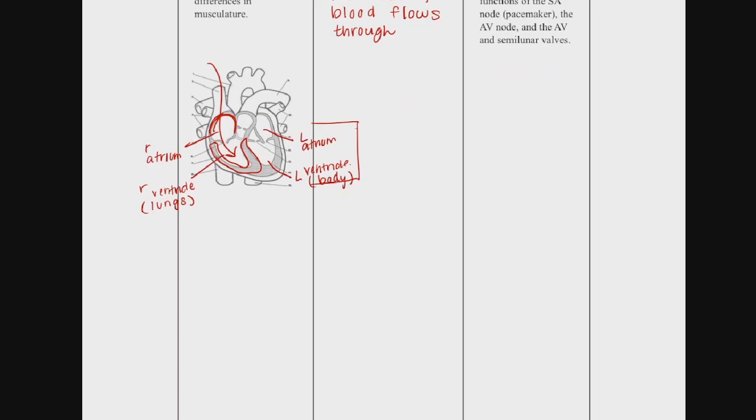So if we were to then talk about the musculature of the ventricles, we would say thick musculature, used to pump blood to other organs.